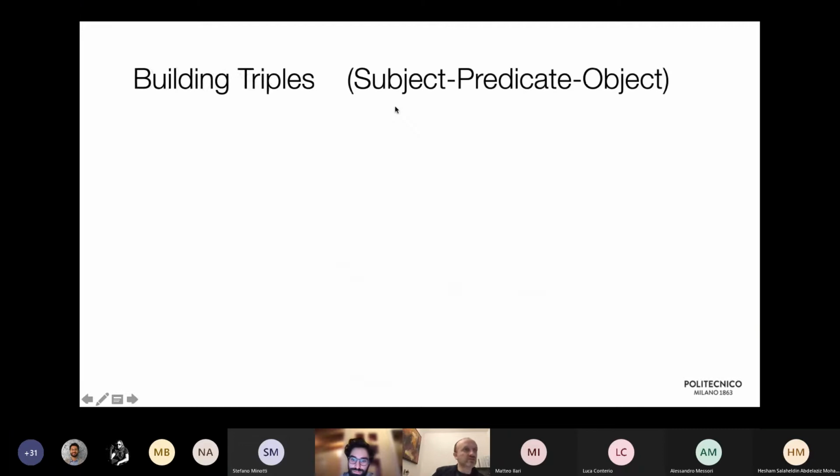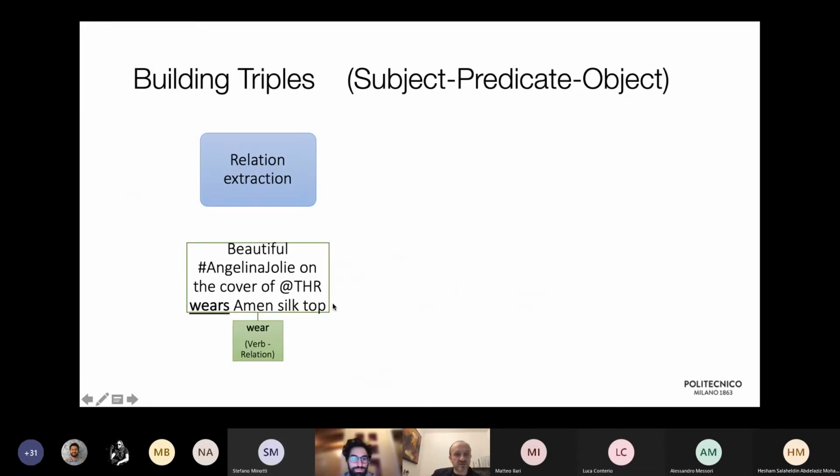Okay, relations means that we want to actually understand that if someone talks about something in social media, they are actually talking about things or people. Okay, so in this case we have Angelina Jolie or a silk top. But then we also need to understand what the relation between these things is.